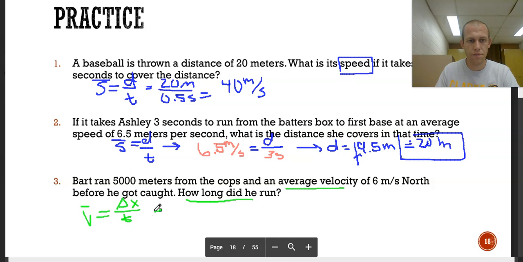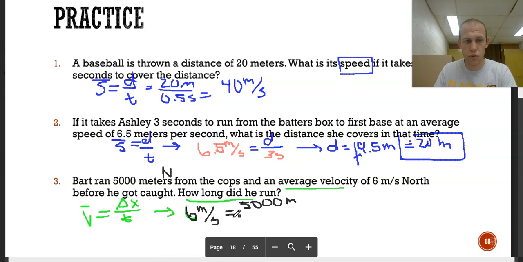So for us, we know what the velocity is. Let me use a different color here. 6 meters per second. It says north. I'm not going to write that in my calculation, though. It says he ran 5,000 meters. Hopefully that's only in the northward direction. Otherwise, we can't calculate this. So we're going to assume 5,000 meters north.